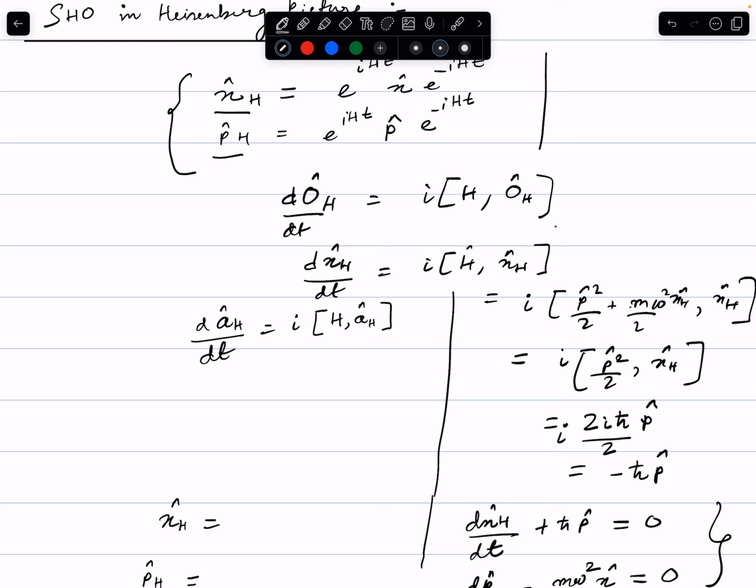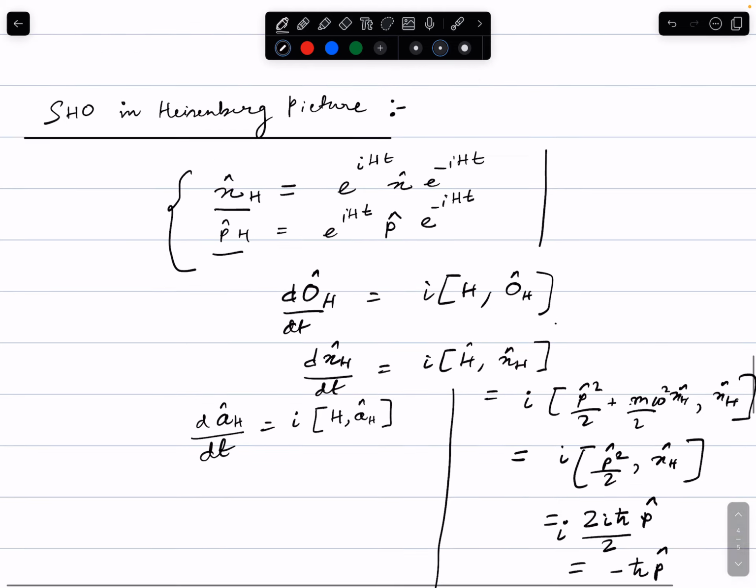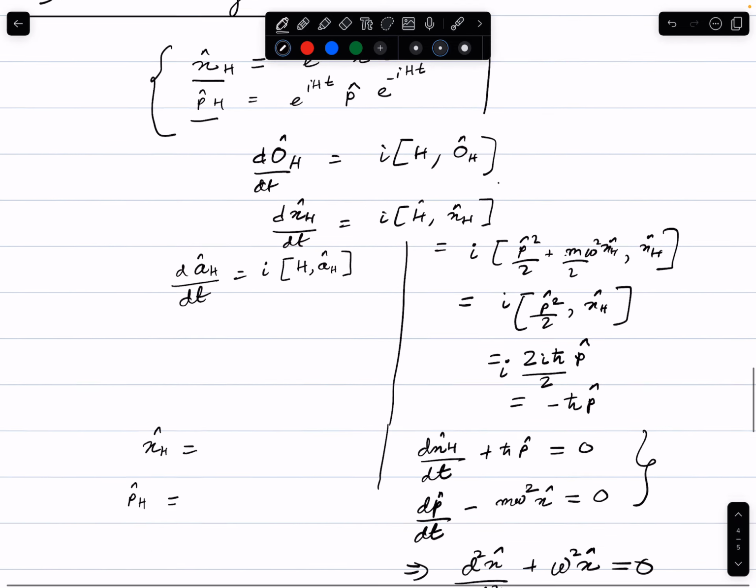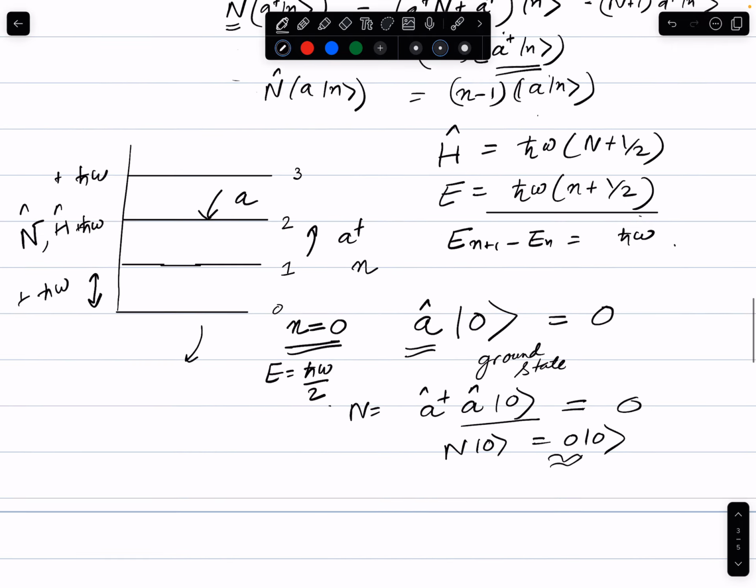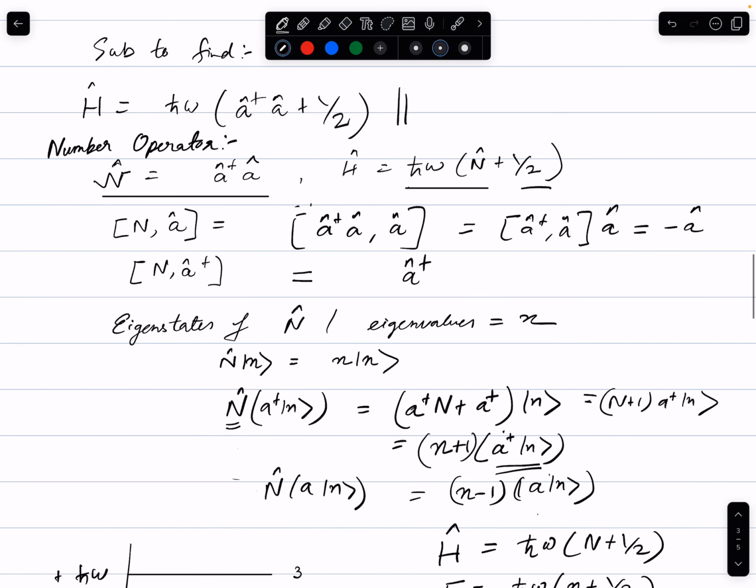And the ladder operator, it's simpler to work with ladder operators because we already know what this commutation relation is, because we calculated it for n, remember? And so the same thing holds for h also, right? Because n had just h omega outside and a plus half, which is a number which always commutes with any operator.